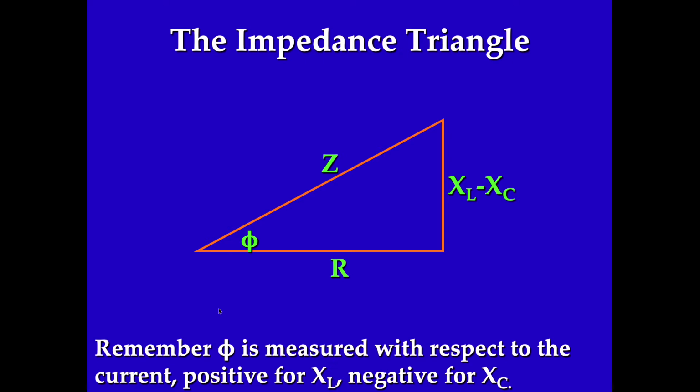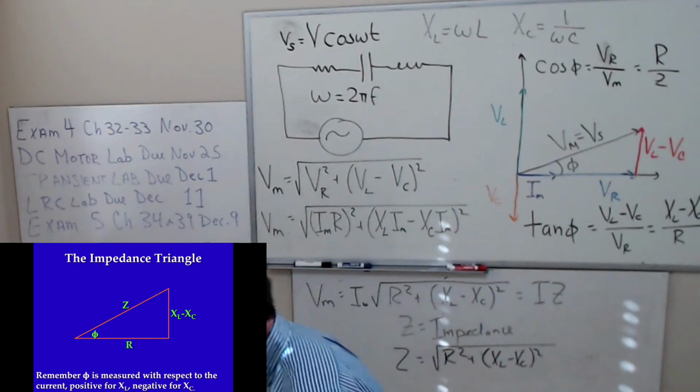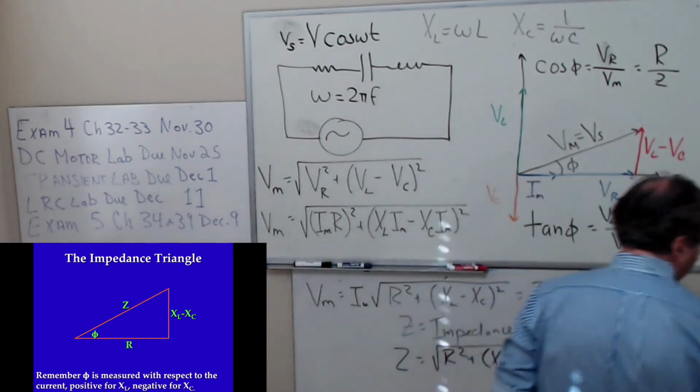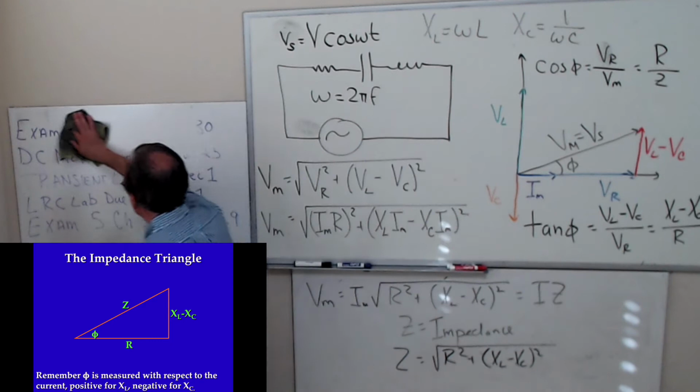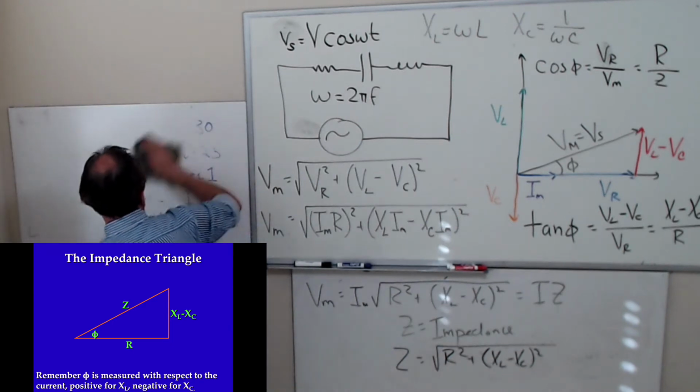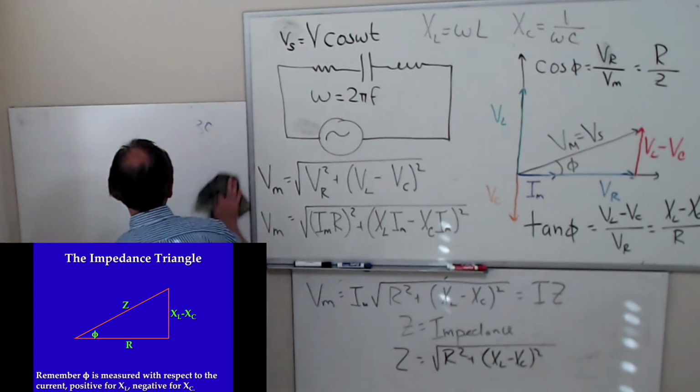And there's our impedance triangle. So I can draw the impedance triangle either with the voltages or with the impedances. So I can draw my figure. And really that picture tells you everything you need to know.